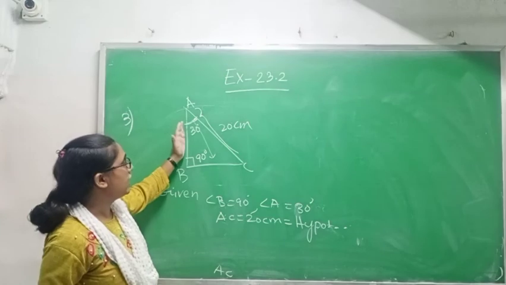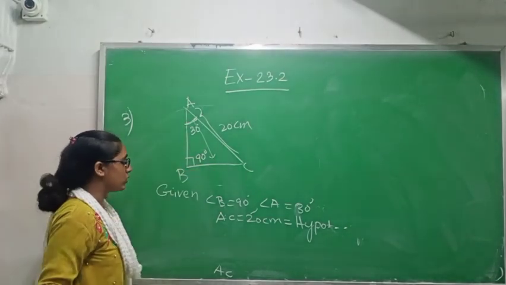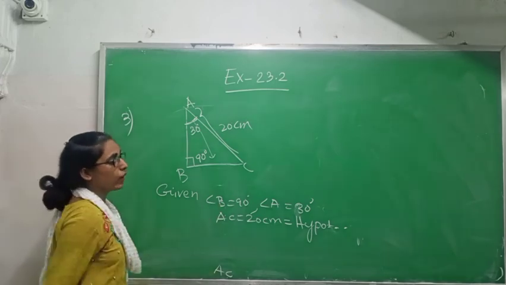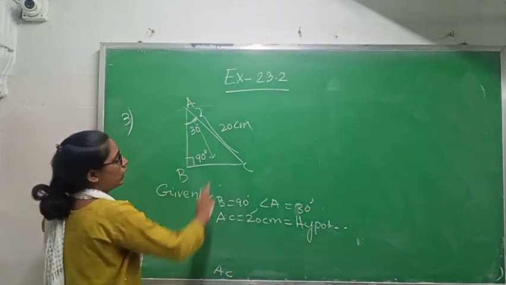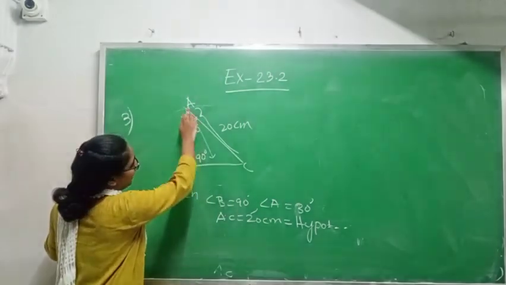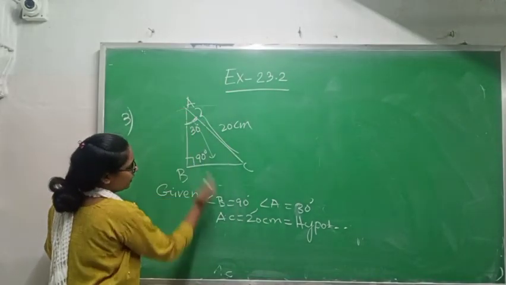We have to find AB and BC. You have to see with respect to angle A, because they are not saying with respect to angle C. So if H you know, you can find B.